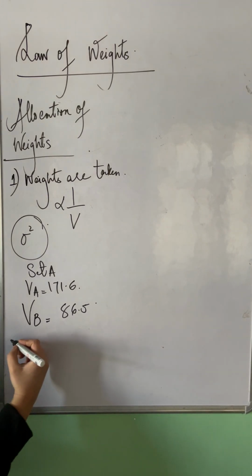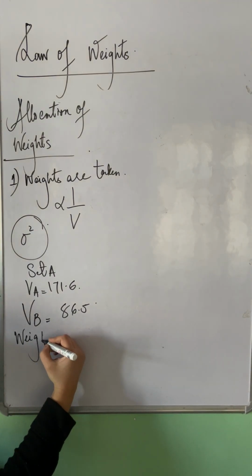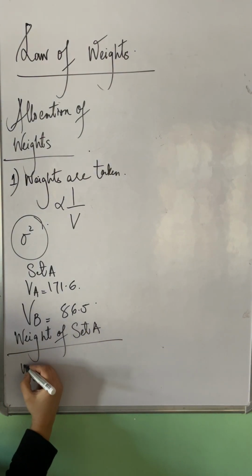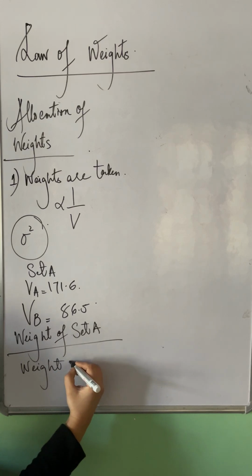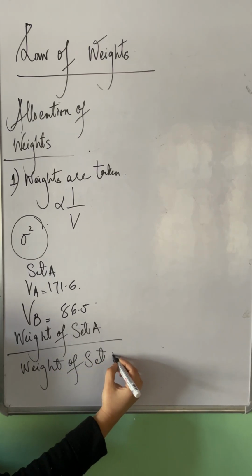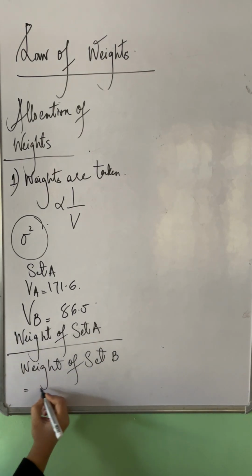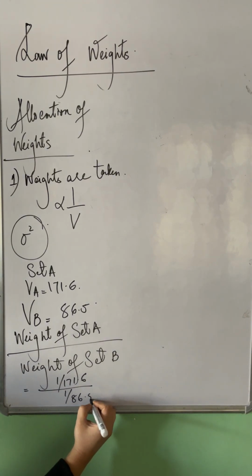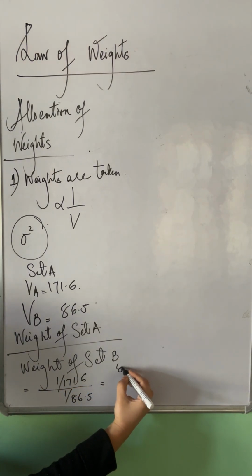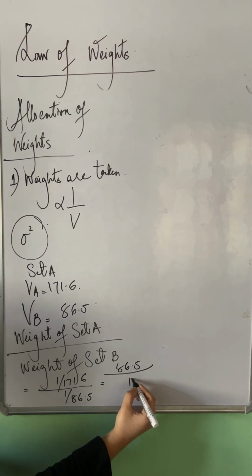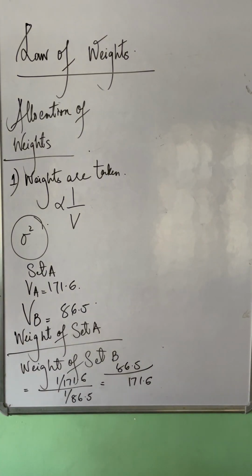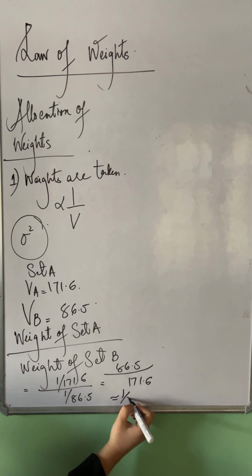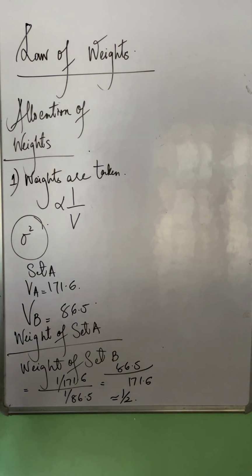So weight of set A divided by weight of set B is equivalent to 1 by 171.6 divided by 1 by 86.5. And by further calculations, this will come approximately equal to 1 by 2 if we take numerator as unity.